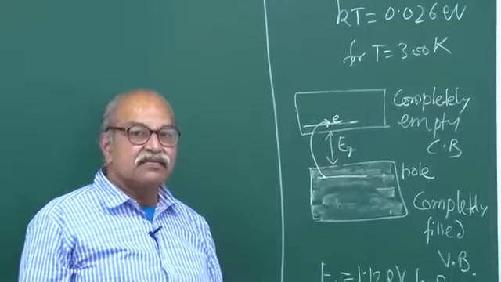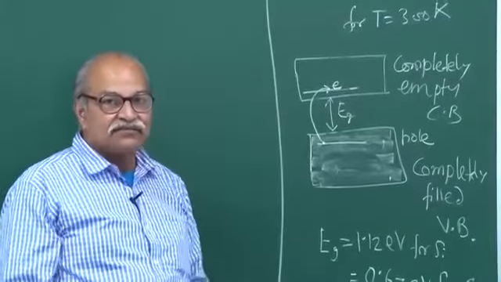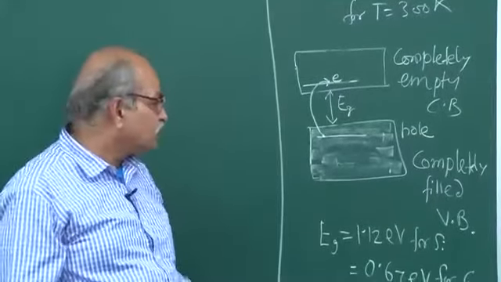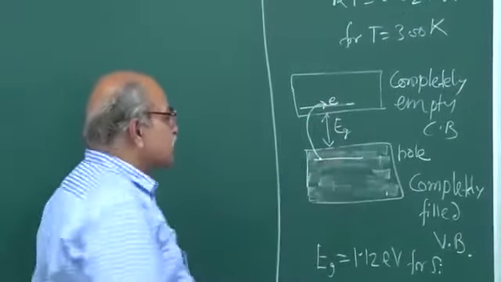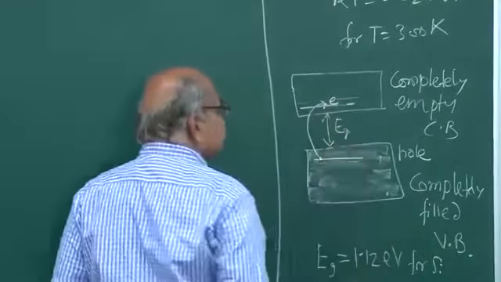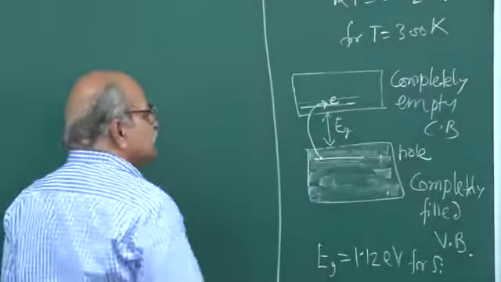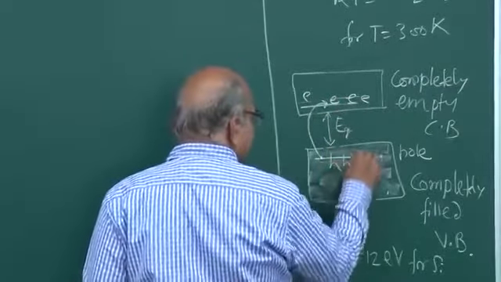So, energy is taken by the electron, given by the electron. Those kinds of exchanges are always there. So, at any given temperature, some of the quantum states here will be empty and some of the quantum states here will be filled, and therefore you will have some electrons here and the same number of holes here.